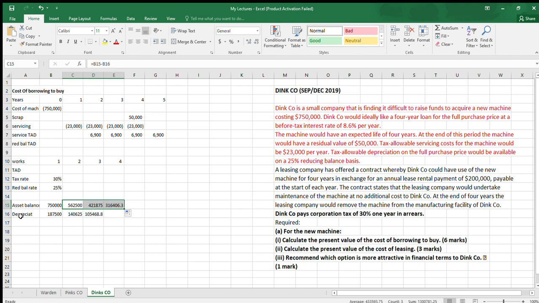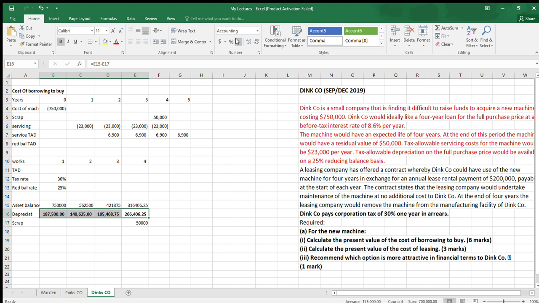After dragging it to year 4, there was a scrap value in the question of 50,000. So the remaining figure will be this minus the scrap. This is your depreciation figure. Now your TAD is these figures, the depreciation figure multiplied by the tax rate, which is 30%.